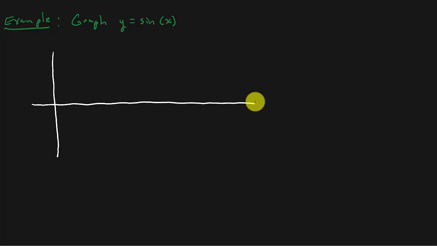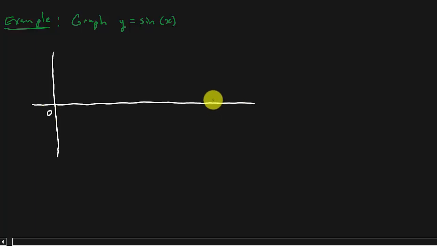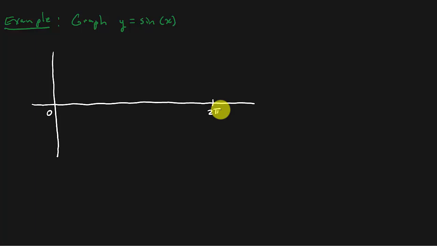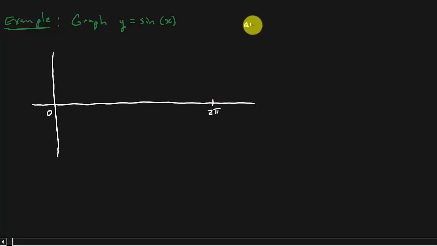So y equals sine x, that period is 0 to 2 pi. That's what we're going to graph it over. So we're going from 0 to 2 pi. Now, the amplitude is equal to 1.